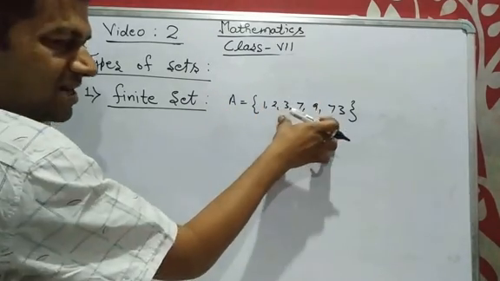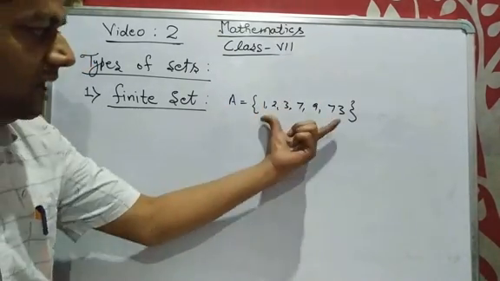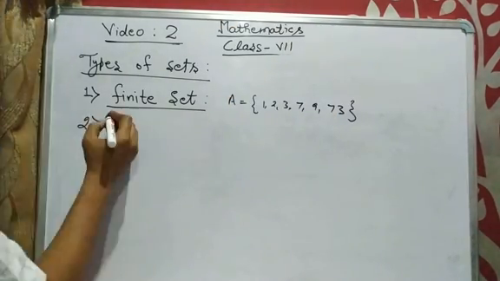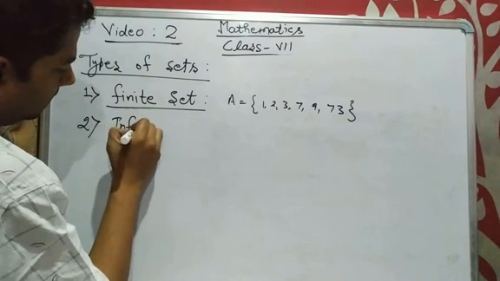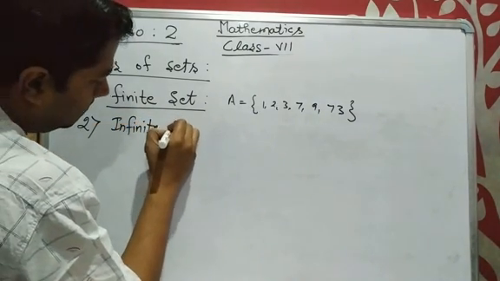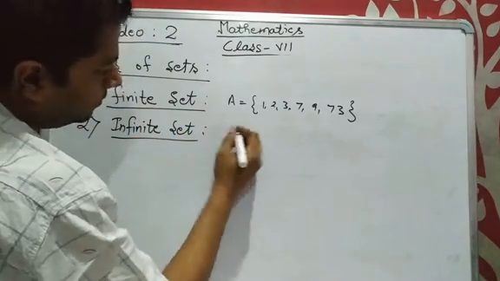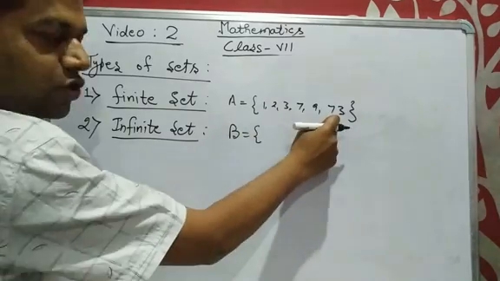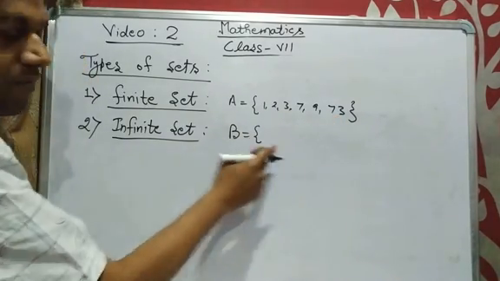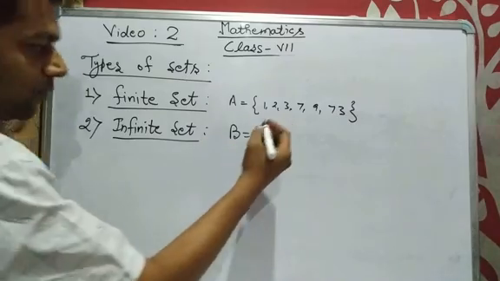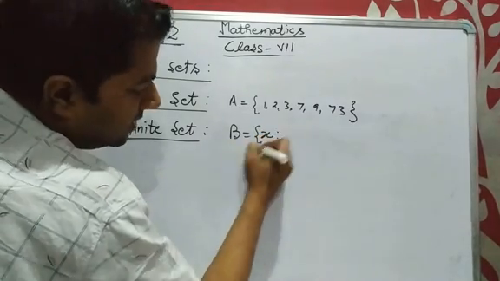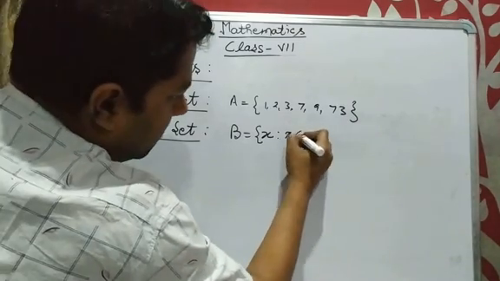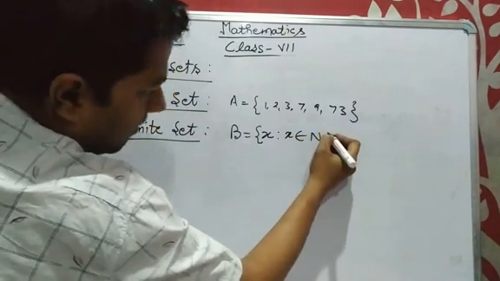So the elements are limited, countable. It is finite, not infinite. Another type of set, infinite set. Set B is equal to, it is the roster method. Let us take an example for infinite set in the set builder form. Set B is equal to X such that X belongs to natural number.